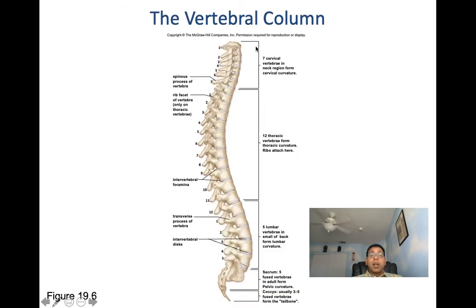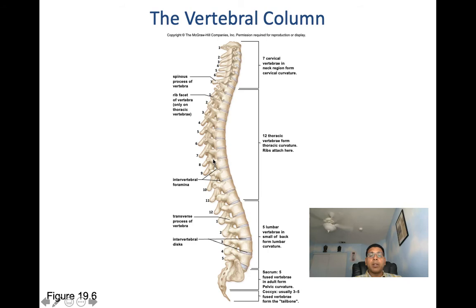So here we can appreciate our vertebral column. We've got first our 7 cervical vertebrae. Next then we've got our 12 thoracic vertebrae. And then we've got our 5 lumbar vertebrae. And then here you can see the sacrum. And then last is the coccyx right there. And then between each of these vertebrae we said intervertebral foramina.